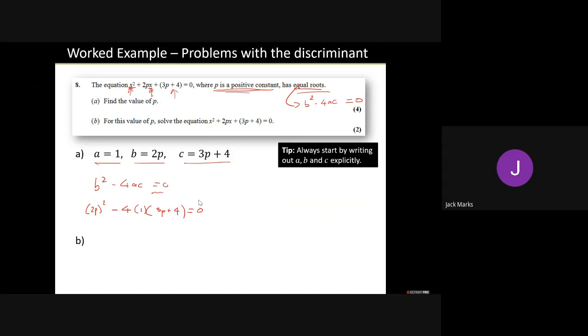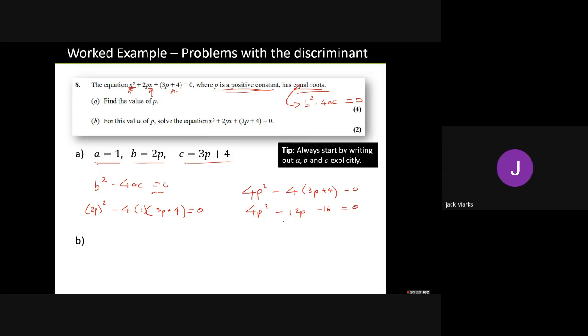So we need to clean this one up. So this will be 4p squared. It's not 2p squared, it's 4p squared. I'll put the 4 and the 1 together, so minus 4. So 4p squared minus 12p, and minus 16 equals 0.